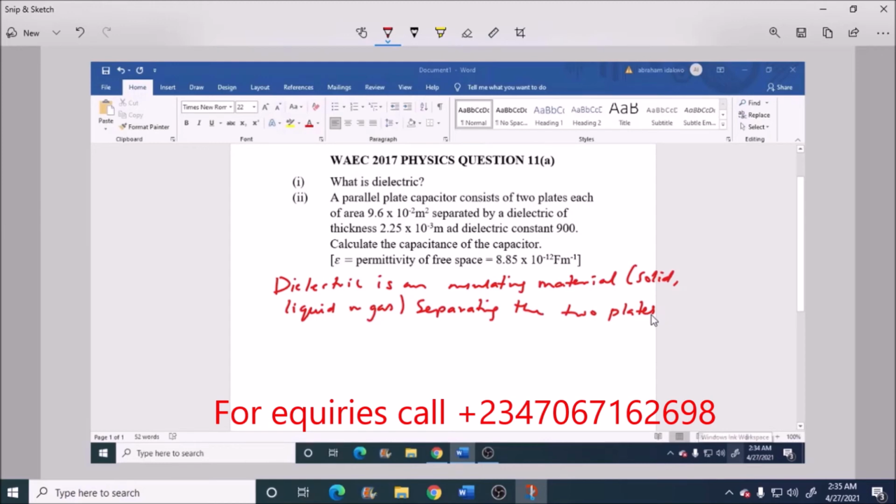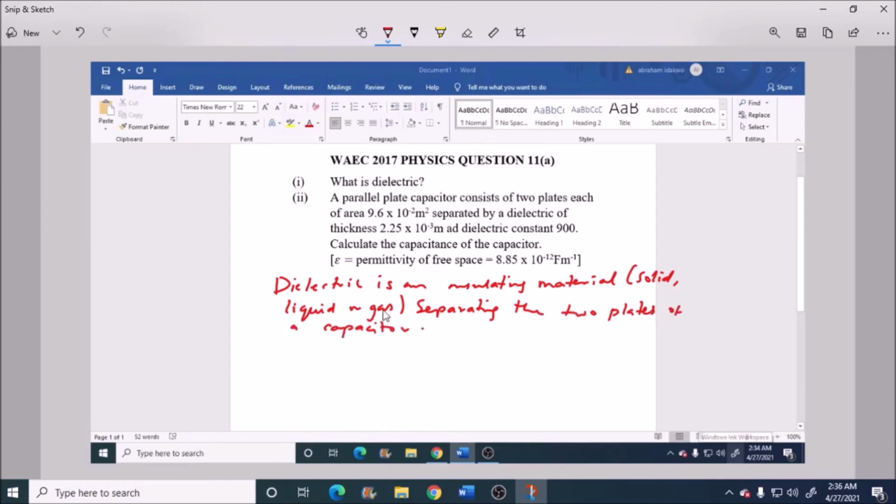Now the B part. To calculate the capacitance of the capacitor, we use the relation C equals epsilon times the area over the thickness.